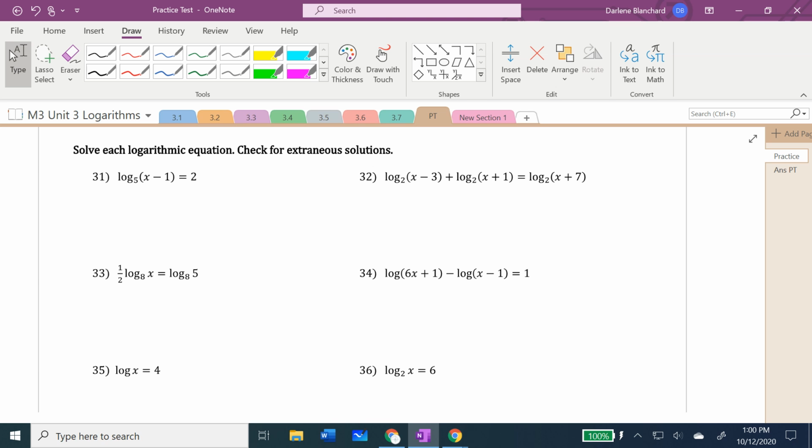Let's start with 31. Is 31 condensed? Is it ready to undo the log? Yes. Number 32, is number 32 condensed, ready to undo the log? No. Very good. So with 32, we need to deal with the addition of the logarithms. And if you're adding two logarithms, how do they condense together? Correct. Multiply.